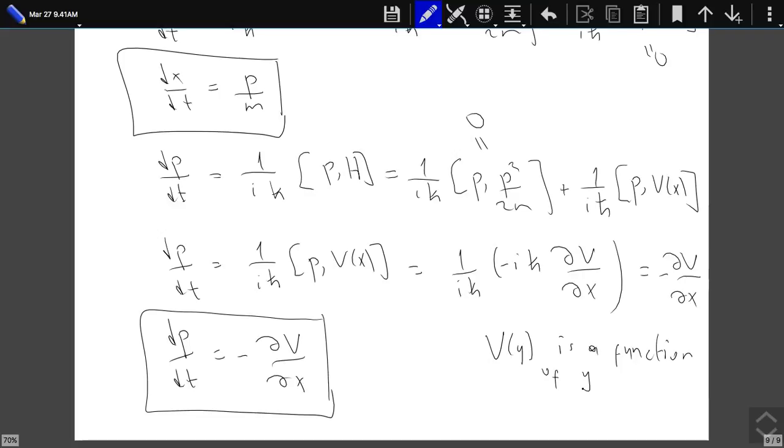If you put an operator, we have to interpret it as a Taylor expansion. What we mean by del V by del x is first we take the derivative of this function with respect to its argument, whatever it is. And then after we take the derivative, we just replace x with the operator. We are not really taking the derivative with respect to an operator.